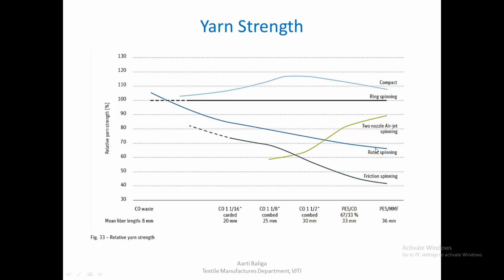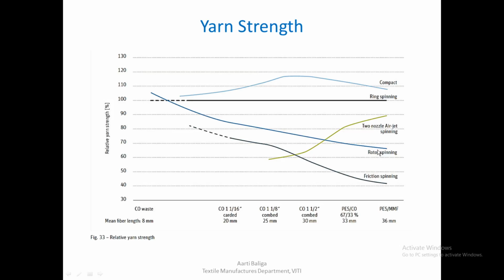Coming to the next, that is the rotor. We see that it has good yarn strength in the beginning, and it will go on reducing. Next, let us see the friction spinning. Again, it's a similar graph. It goes on reducing.